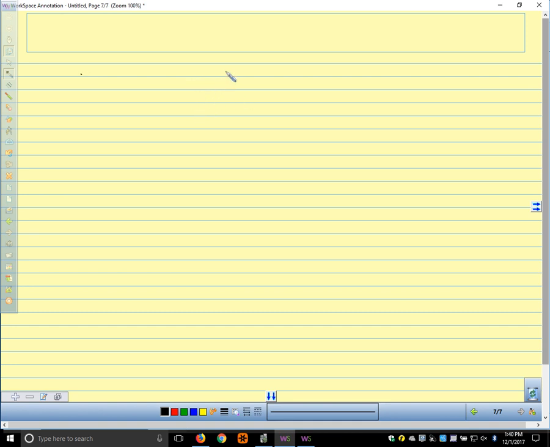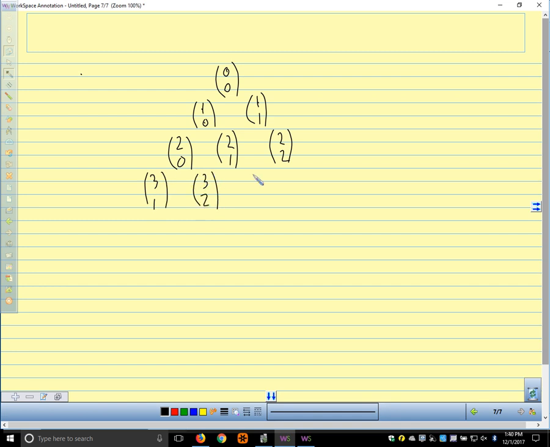So another way we can visualize Pascal's triangle is like this. No, this is another way that you can visualize Pascal's triangle.